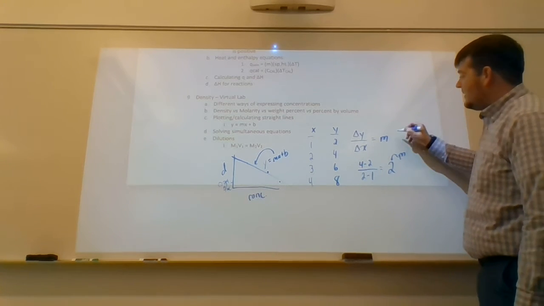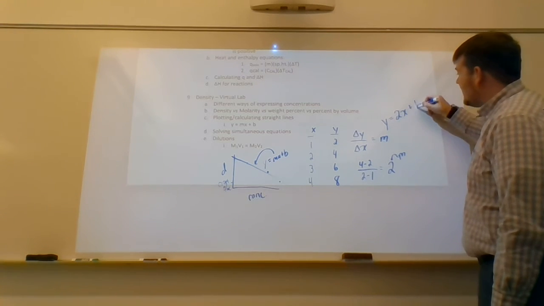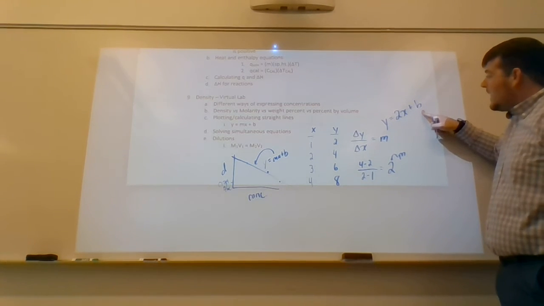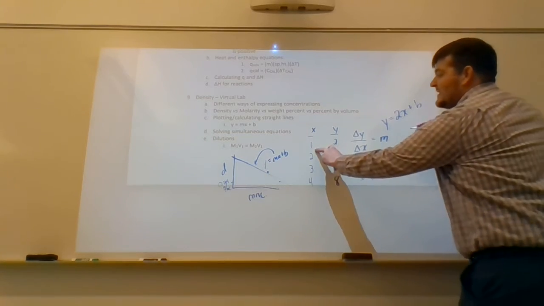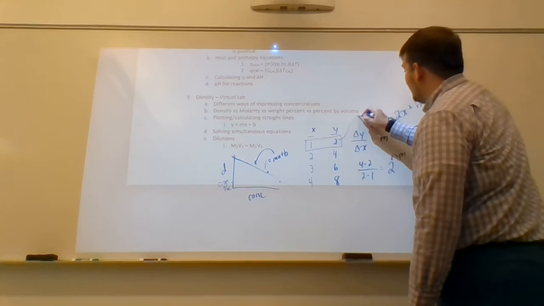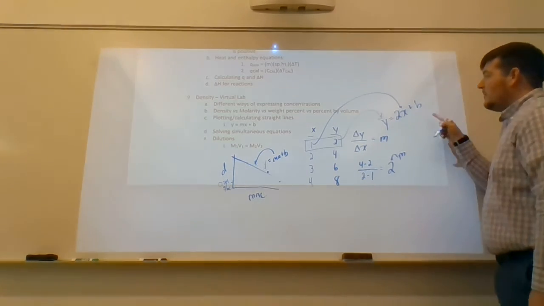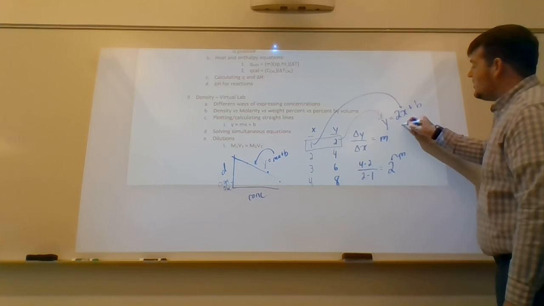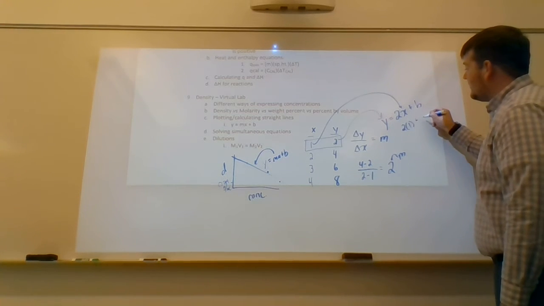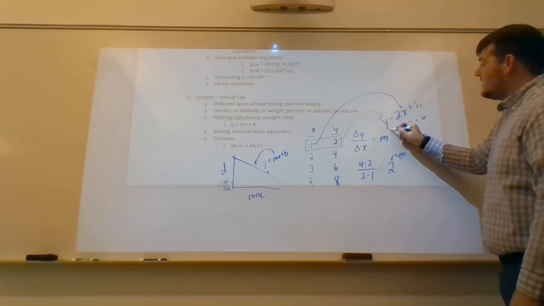Okay? So now we say y equals 2x plus b. We need to solve for b. All right? So we take any set we want. Let's take this set. We plug 2 in for y. We plug 1 in for x. And then we solve for whatever b is. So 2 times, in this case 1, plus b, we don't know what that value is yet, is equal to, according to this, 2.